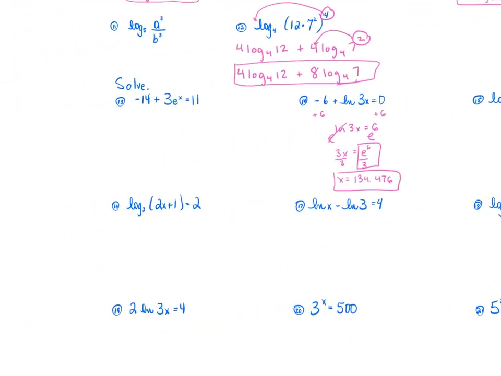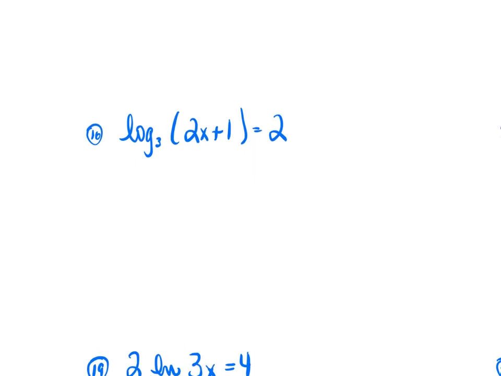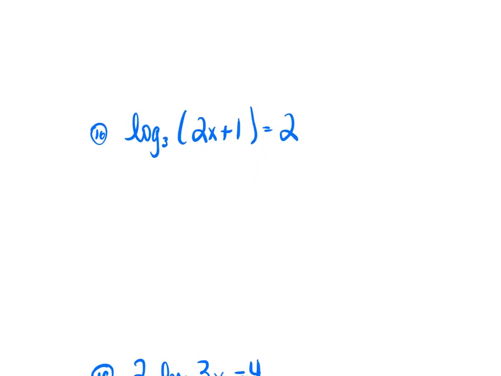All right, number 16. What do we do here? You put a 3 on the bottom to take out the log. Right, we put a 3 on the bottom of both sides so it cancels out the log. So on the left side we have 2x plus 1 is equal to 3 squared, which is 9. And then we just solve for x. So subtract 1. 2x is equal to 8.